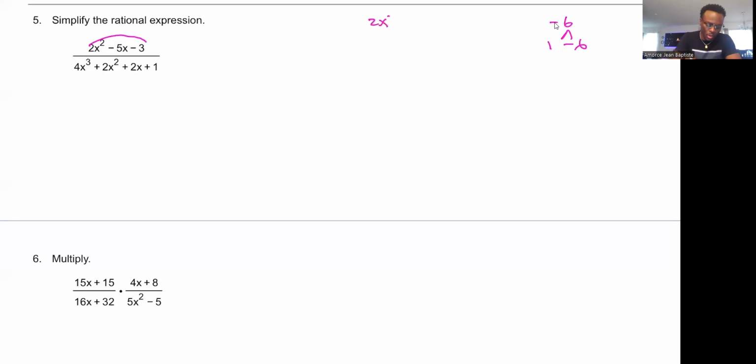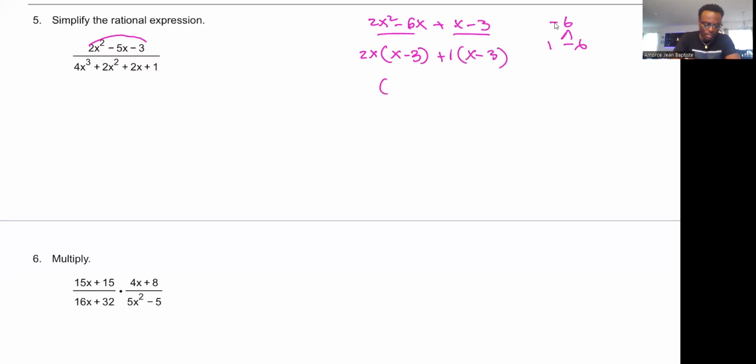So 2x squared minus 6x, plus x minus 3. Group these two and these two, and factor out the GCF from each group: 2x, factor x minus 3, and that's just going to be 1, x minus 3.